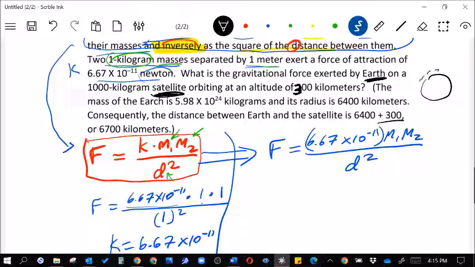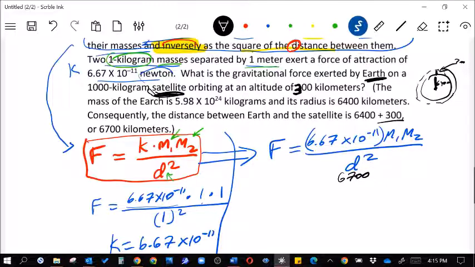Here's an asteroid going around it. Well, no, a satellite. It's a satellite going around it. Better not be an asteroid unless it doesn't hit it. So this distance is 300 kilometers. This distance, the radius, is 6,400. So we add them together to get 6,700. So this will be 6,700.